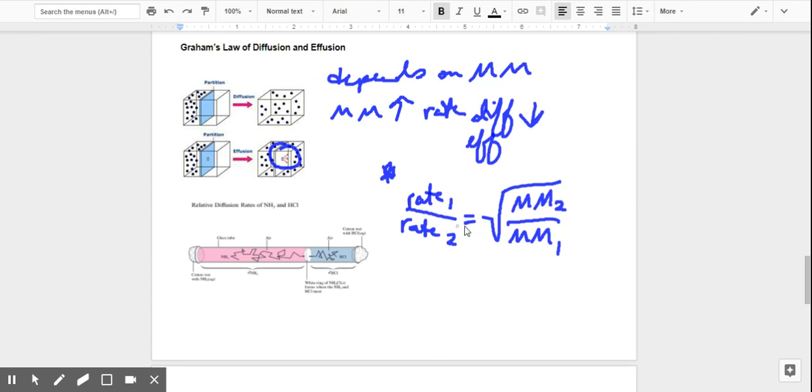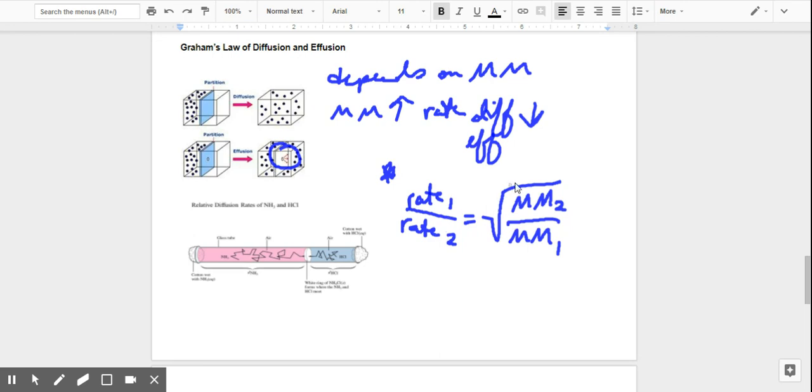So all you're basically doing is setting up a proportion. The rate of the first gas divided by the rate of the second gas is equal to the square root, and you put the molar mass of gas 2 on top and the molar mass of gas 1 on the bottom. Your rate and your molar mass are on opposite sides because molar mass and the rate of diffusion and effusion are inversely related to one another.